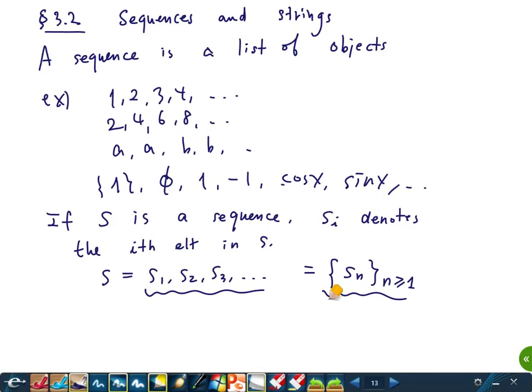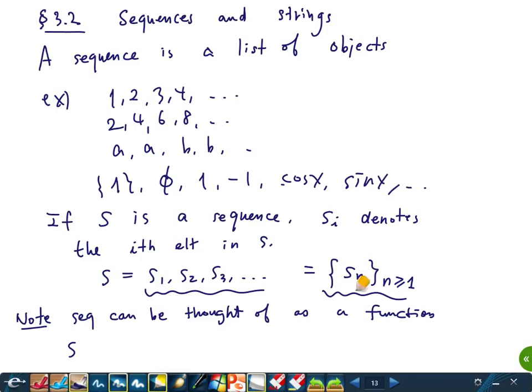By the way, a sequence can be thought of as a function. How? Suppose S is a sequence like this.